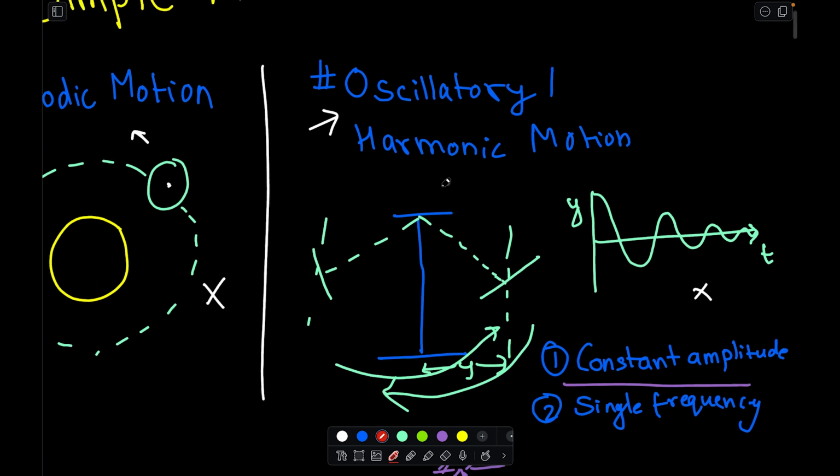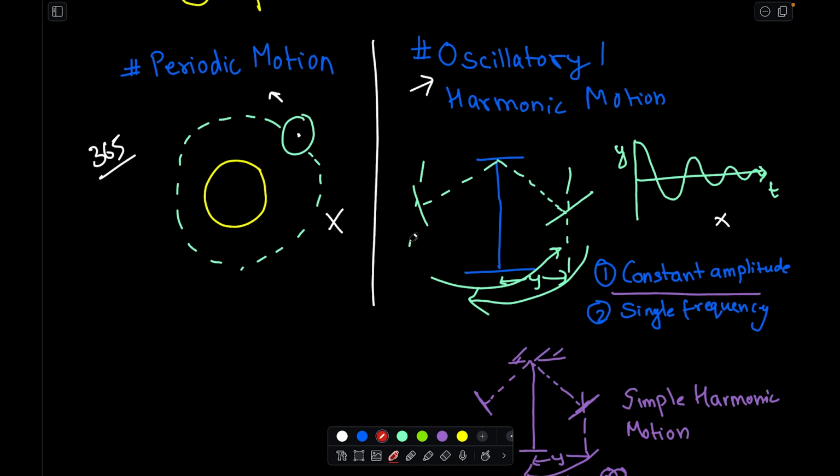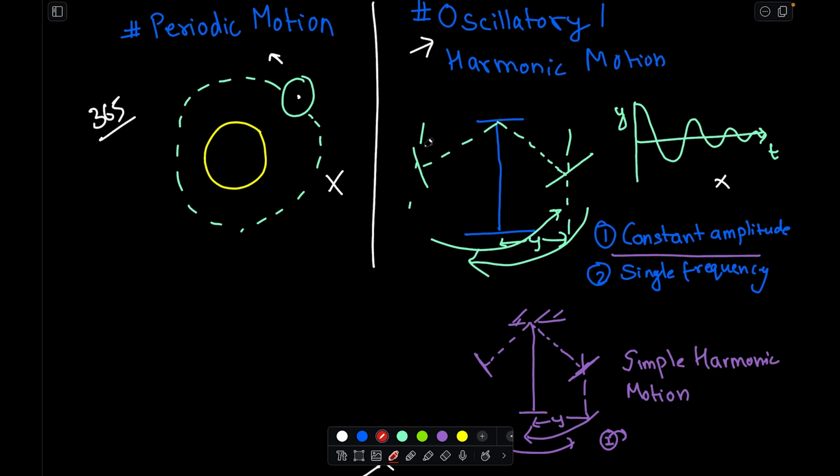Oscillatory motion is a type of periodic motion in which there is to and fro movement of a body, while the movement is not going to be an angular or rotational motion, but rather a motion from one fixed point to the other fixed point. There are going to be two fixed points and the body is going to move to and fro.